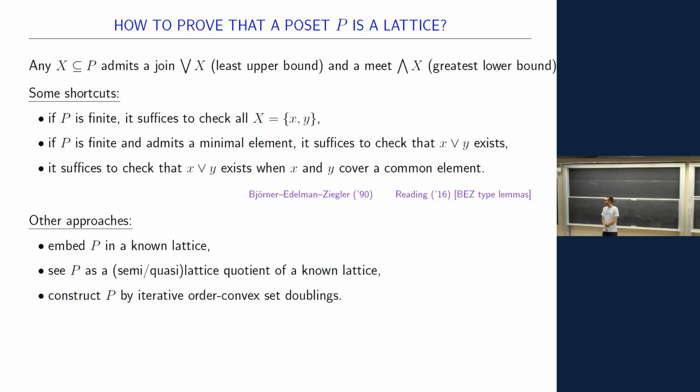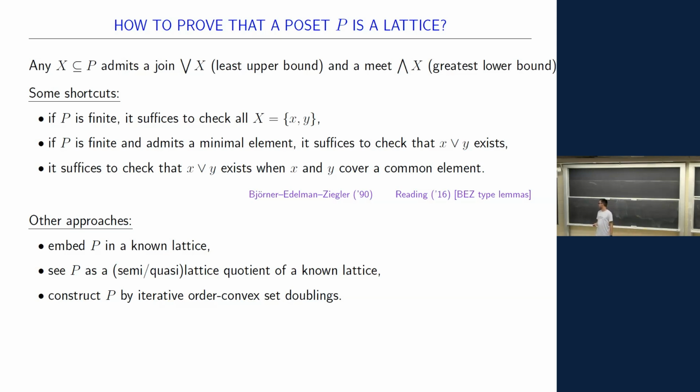You also have other approaches, meaning using another lattice to prove that your poset is a lattice. One thing that you can do is try to embed your poset in a lattice. I will show you what I mean by that. Or you can try to see your poset as a lattice, semi-lattice or quasi-lattice quotient of a lattice. Or, I also mention it because it's sort of related to what I do, you can try to construct your poset P by iterative doublings of order convex sets, or even better, intervals.